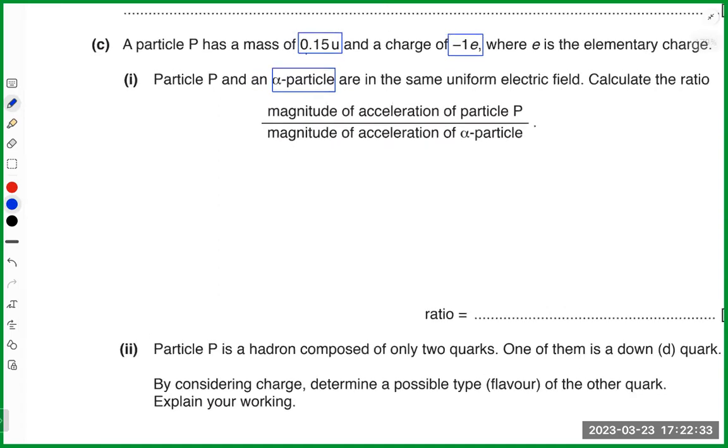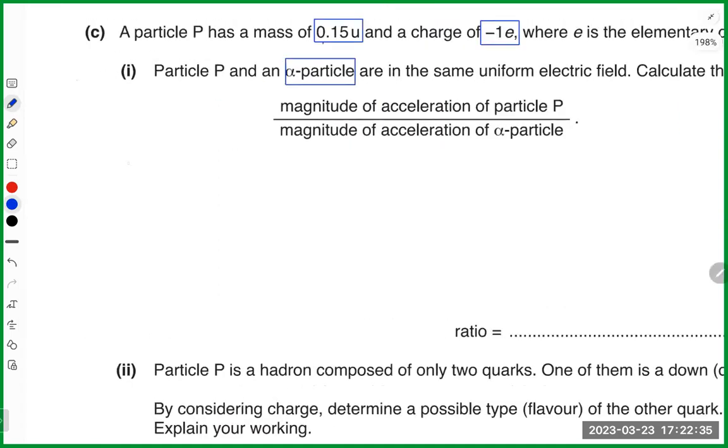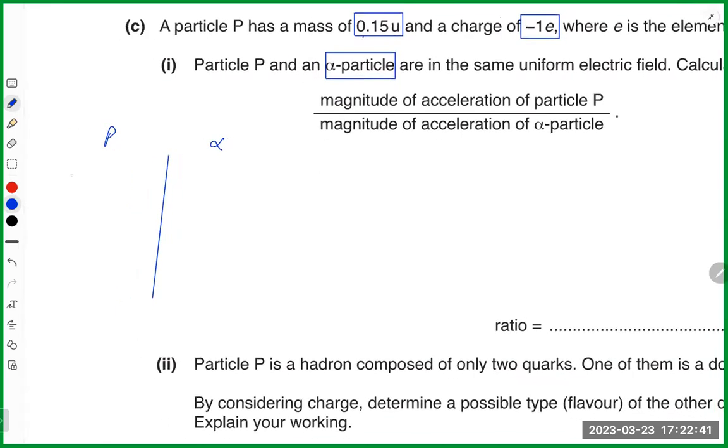This is the data you need. P has a mass of 0.15 U. For the alpha particle, remember it is made up of 2 protons and 2 neutrons, each with mass 1 U, so its mass is 4 U.